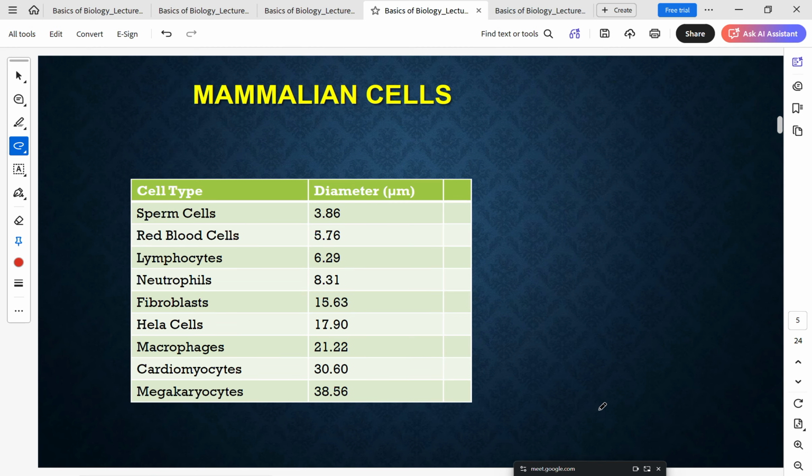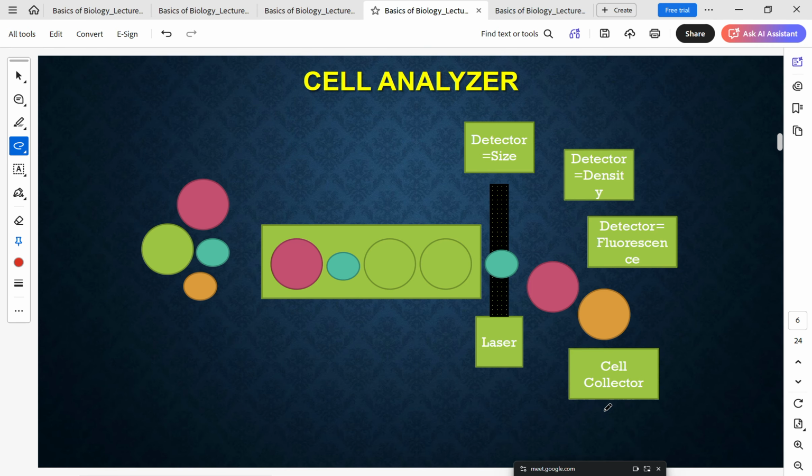There is a very large variation in cell size even within a single individual. It can range from around 3 microns to 40 microns, depending on the function of the cell.